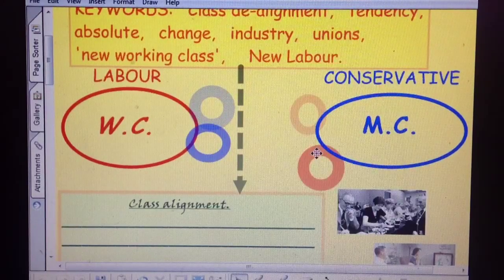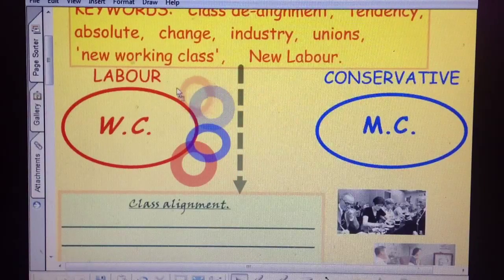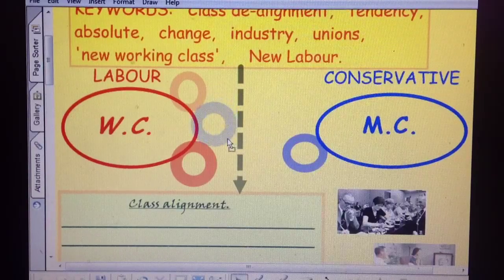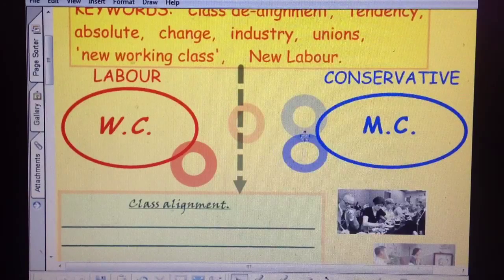So all the way through the 90s, what happened is that most working class people voted Labour and some middle class. And in the last election, what you tended to get is this. So Labour lost a lot of votes, the Conservatives got more.